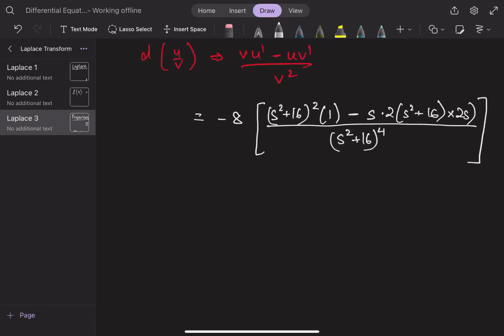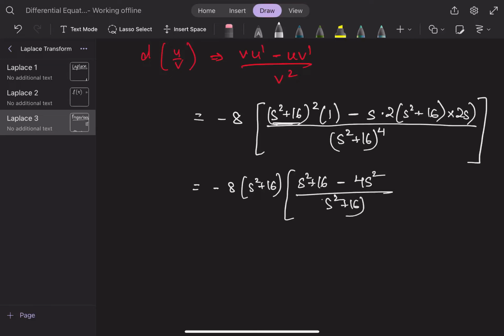So now let's simplify this a little. You get minus 8. I'm going to take out 1 s square plus 16 as common. You're left with s square plus 16 minus 4s square divided by s square plus 16 whole raised to 4. So you can cancel 1 and this is left as cube.